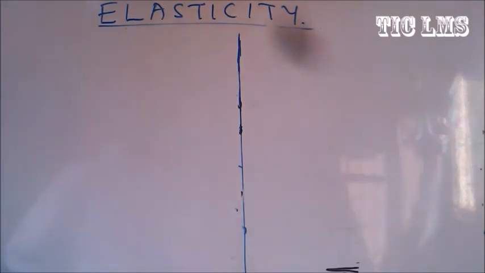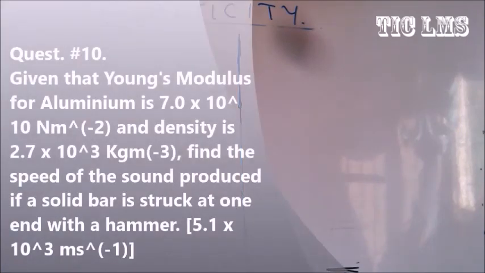Next question, which says that given that Young's modulus for aluminium is 7.0 times 10 to the power of 10 Newton per meter squared, and density is 2.7 times 10 raised power 3 kilogram per meter cubed, find the speed of the sound produced if a solid bar is struck at one end with a hammer.